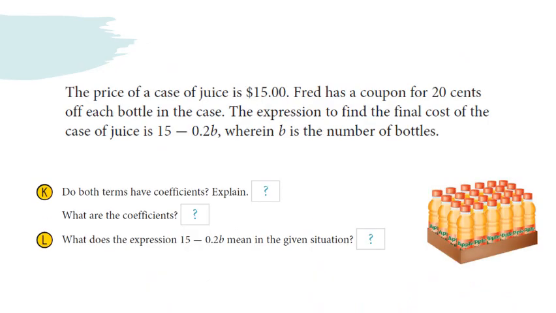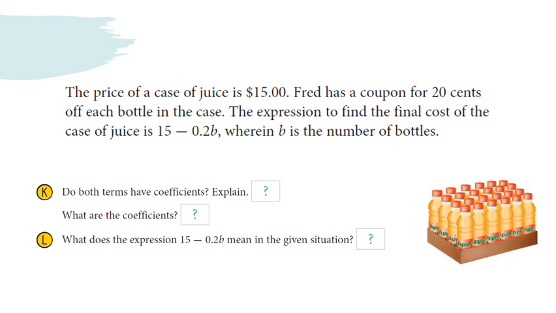The last problem on page 45 is this one dealing with the juices. The problem states, the price of a case of juice is $15. Fred has a coupon for 20 cents off each bottle in the case. The expression to find the final cost of the case of juice is 15 minus 2/10 times B, wherein B is the number of bottles.